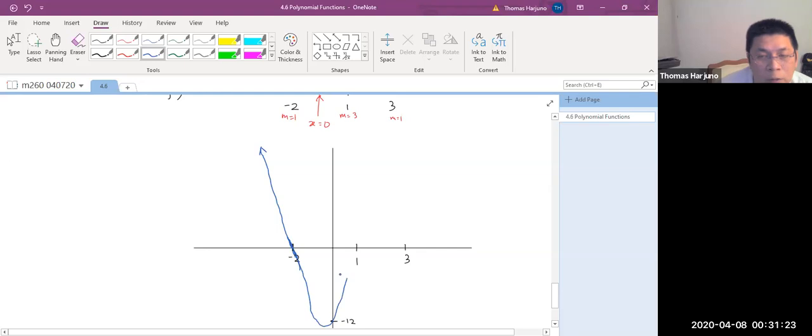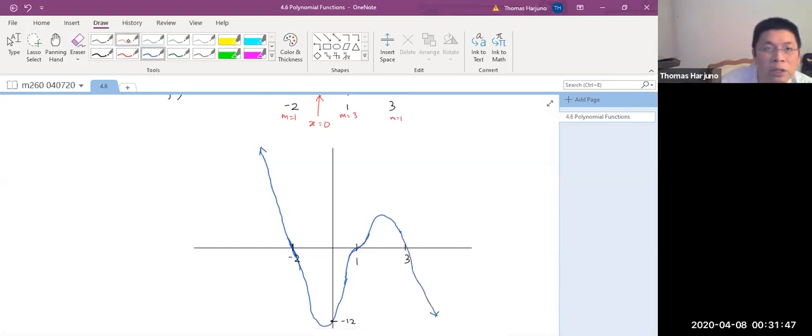What is the multiplicity of 1? 3. So when it crosses that 1, it will behave like an x cubed. And then at 3, what is the multiplicity? 1. So it will cross straight like that.